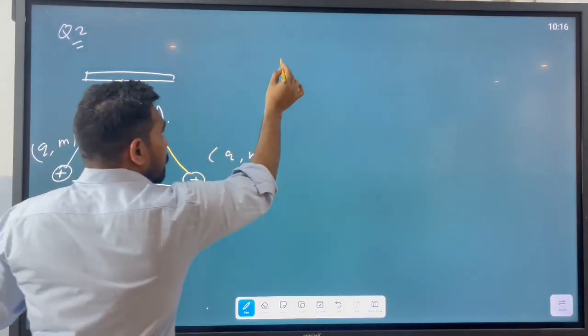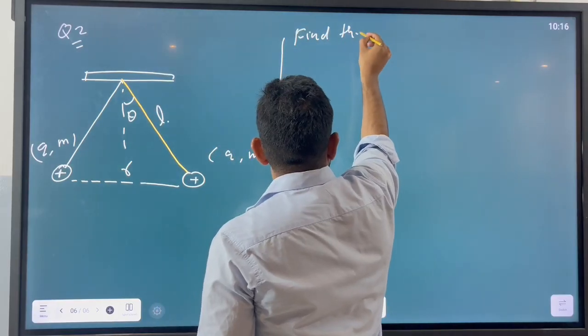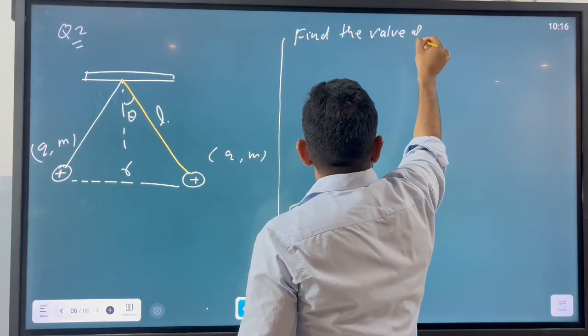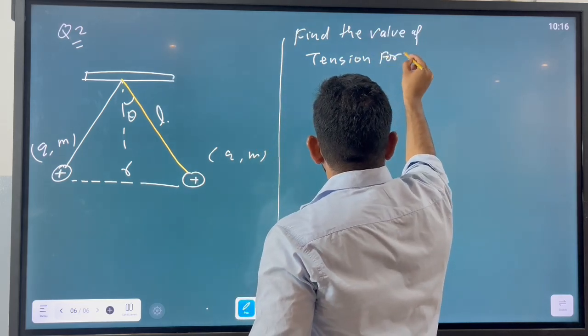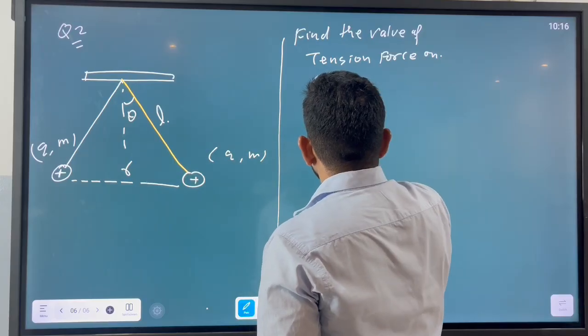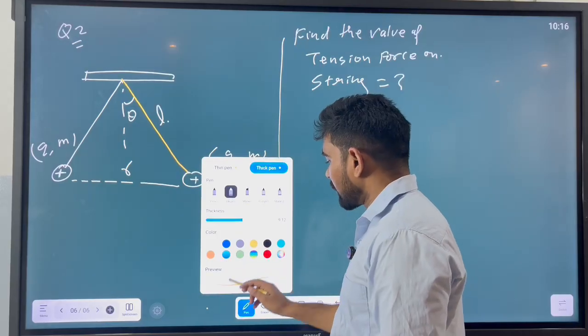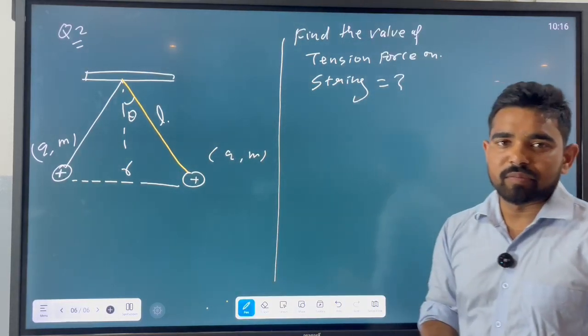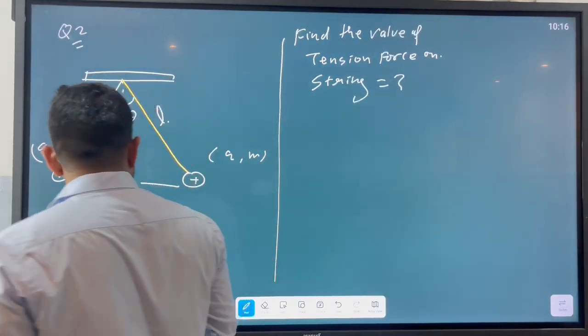How do we calculate this problem? This is a very conceptual solution of this numerical problem.